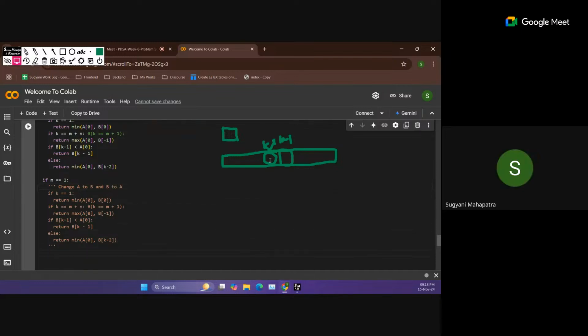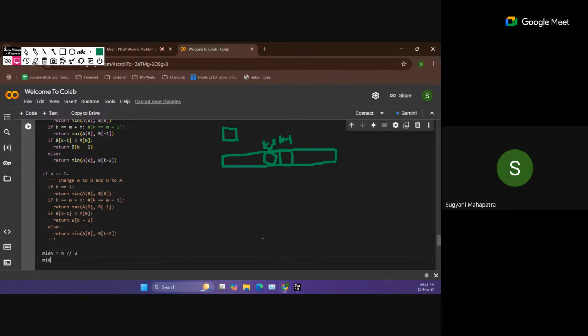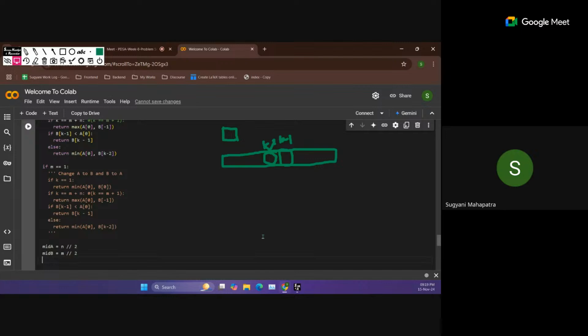The next part is the general case. So what we have is a middle value for A, which is equal to n by 2, and a middle value for B, which is equal to m by 2, right? Now what will we do?